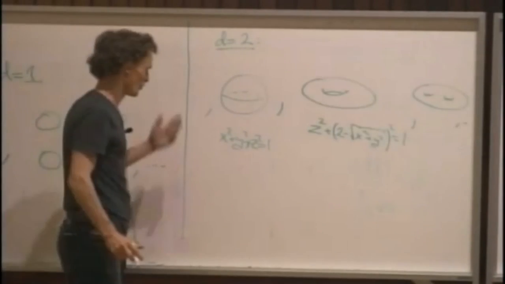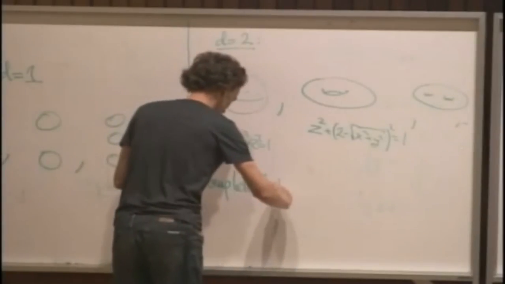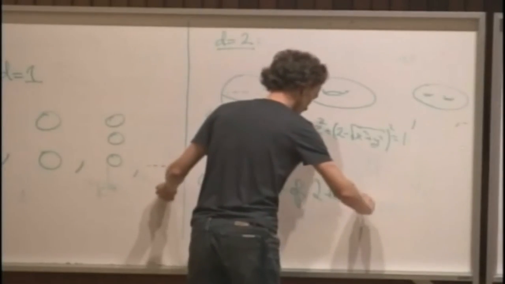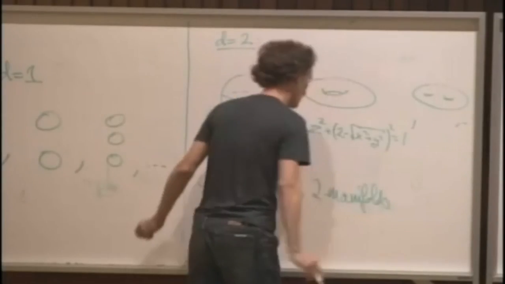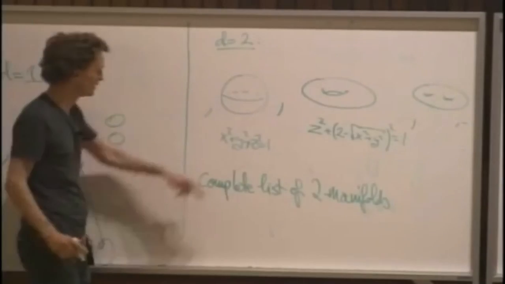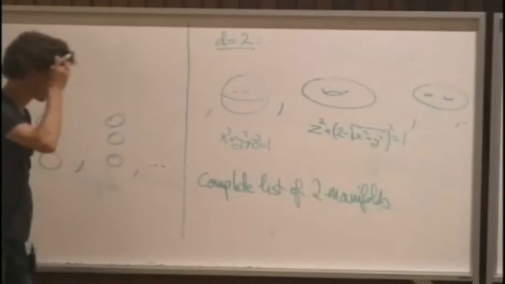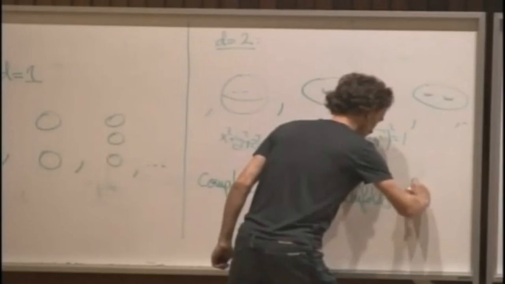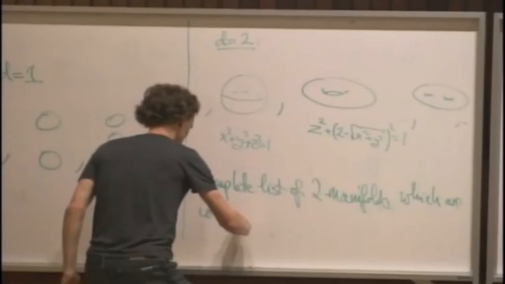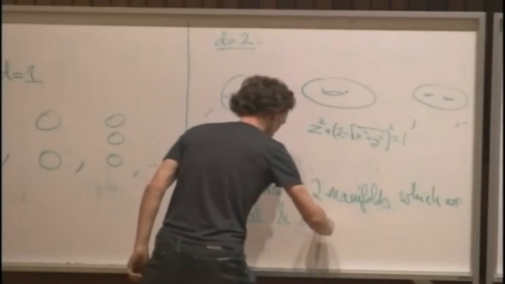This is not quite a complete list, but this is a complete list of smooth, compact two-manifolds which satisfy two extra conditions. They should be connected, so you can get from any point to another one, staying inside the manifold. And orientable.